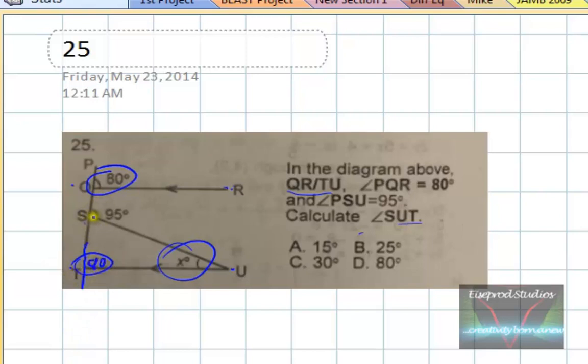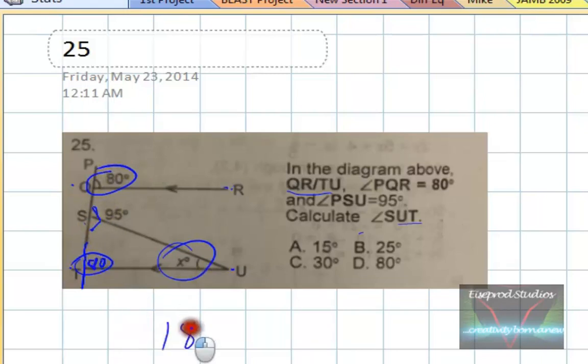So now we can call this a triangle, right? This is triangle SUT now. And well, we have one of the angles, but what about the other two? Well, we know that since this is a straight line, this PS segment, PST, I guess, and we know that this angle is 95, we can figure out what this angle is by adding up to 180, since that would make the straight line.